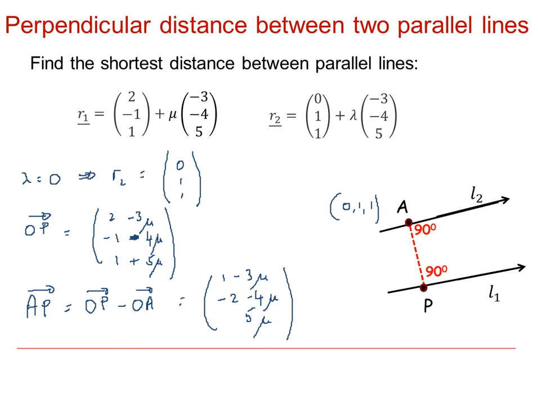So this is AP, but we know that AP is perpendicular to line L1 and therefore AP dot product with the direction vector must be equal to 0.